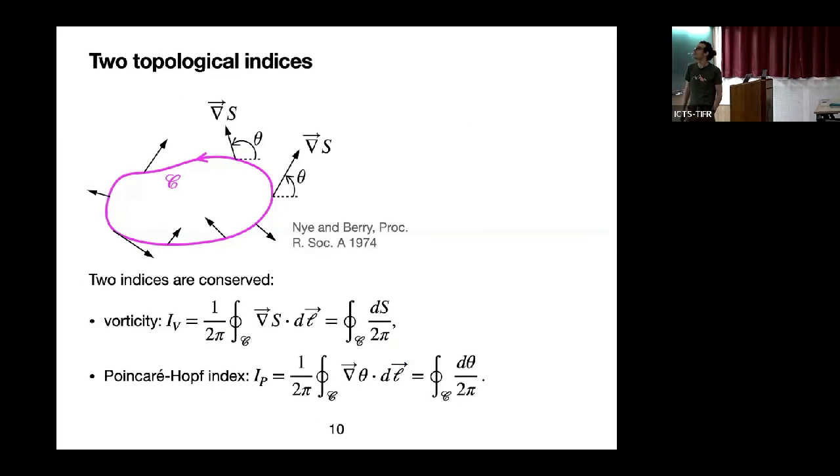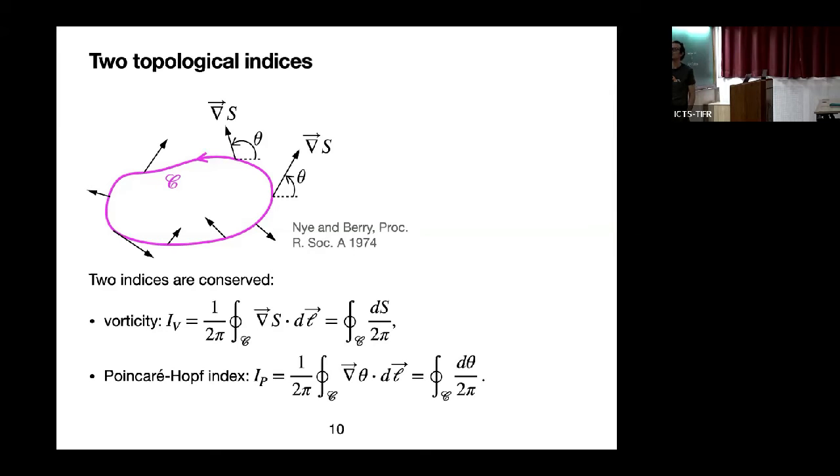Oh, before I go on, sorry, I forgot to talk about this important thing. In this mechanism of creation of saddles and vortices, you have two indices that are conserved. There is one that is quite well known, the vorticity.